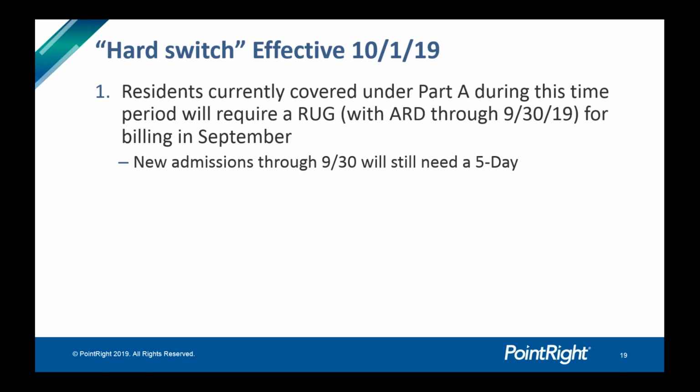In addition, if this person is newly admitted up to and including September 30th, if you want to bill for those payment days in September, you're going to need to do a 5-day for a RUG. You can't bill anything but default without a RUG. Let me clarify that. You're going to meet that first need by making sure that everybody has a RUG with valid payment days through the end of September.